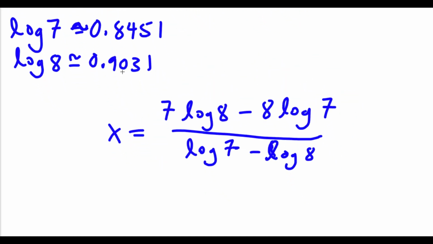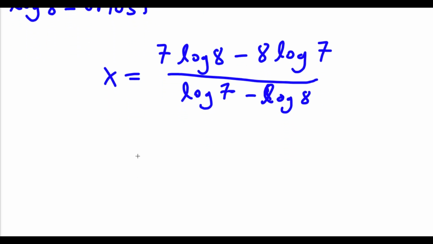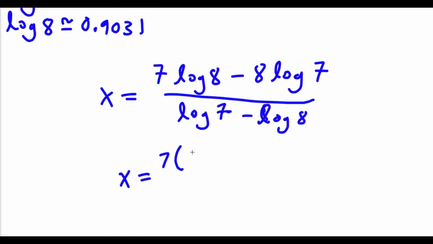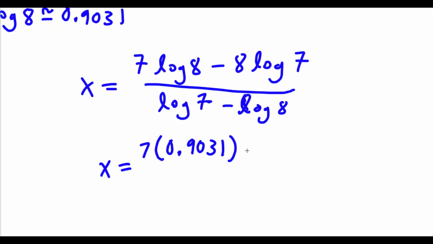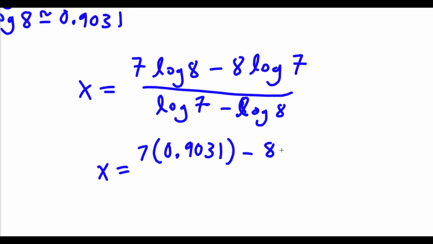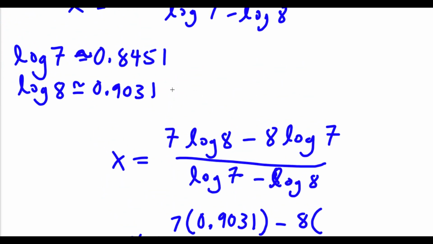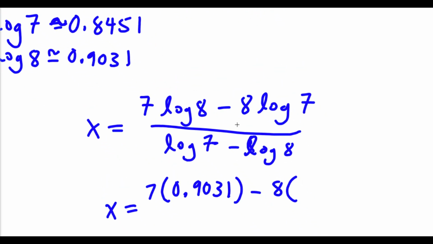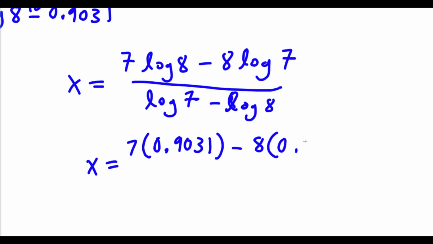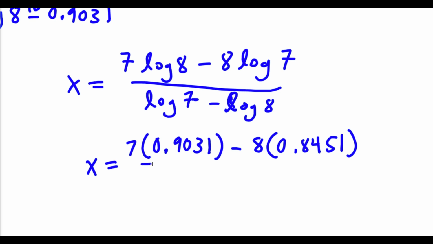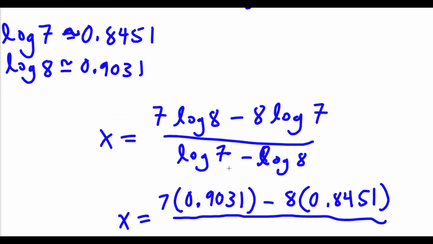Log 8 is approximately equal to 0.9031. So I have x is equal to 7 times 0.9031, minus 8 times log 7, which is 0.8451. So I have 8 times 0.8451. And now we're dividing this by log 7 minus log 8.